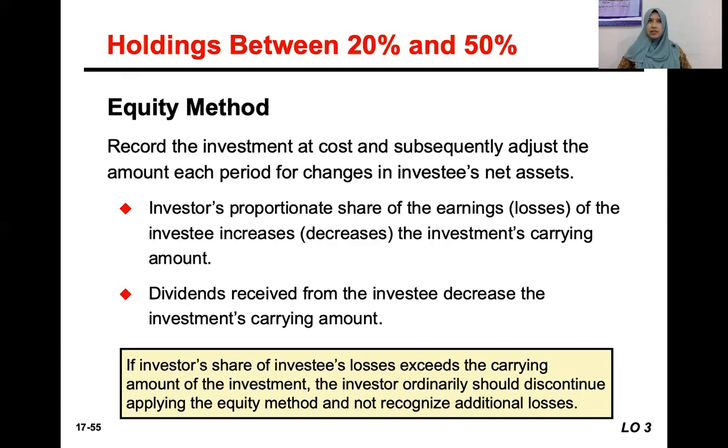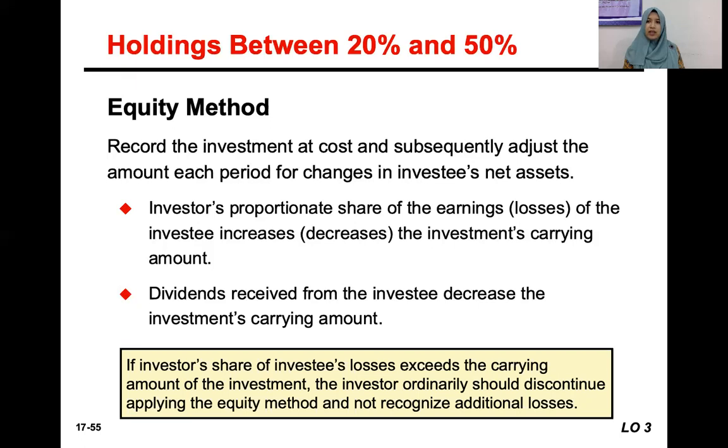For example, company A buys 25% of the shares of company B, and company B reports a loss. So company A will use the equity method up to the maximum of its investment amount.